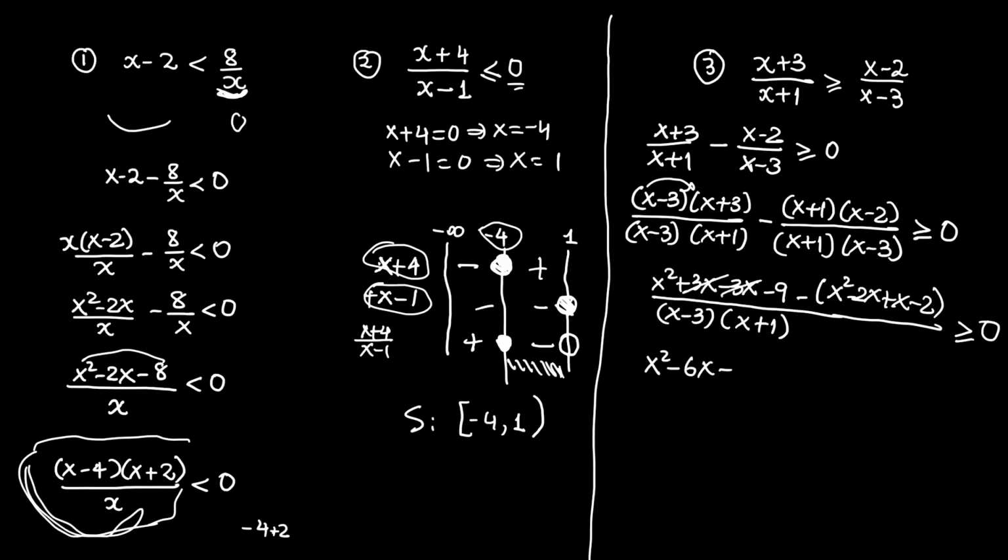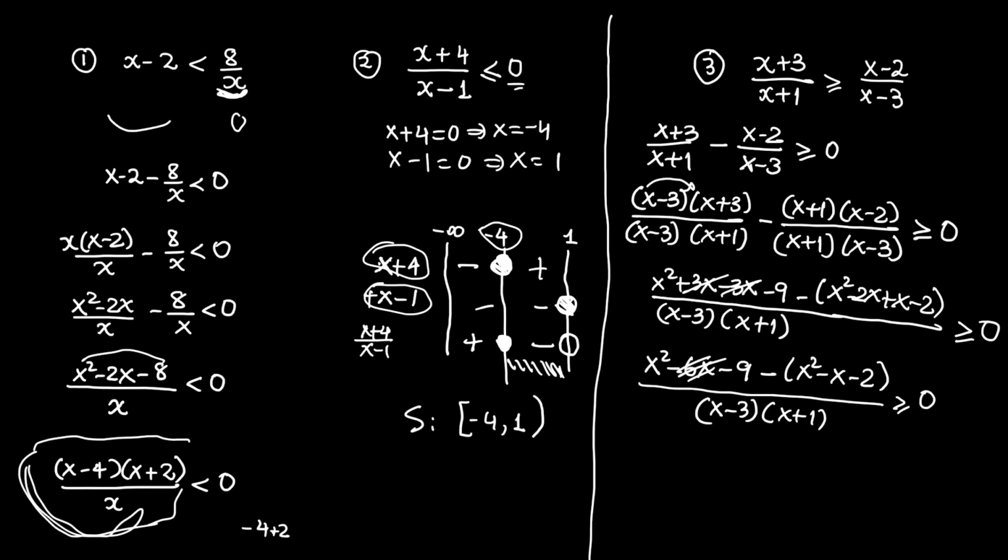Oh, sorry, this is 0. So minus 9, minus (x squared minus x minus 2), divided by (x - 3)(x + 1), greater than or equal to 0.